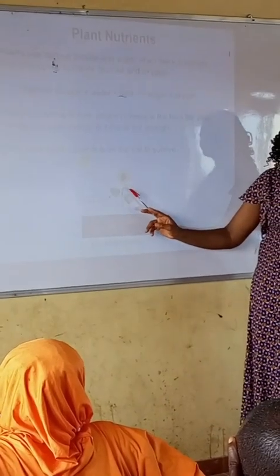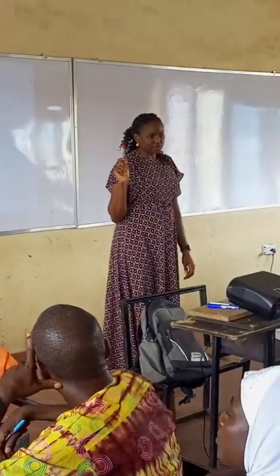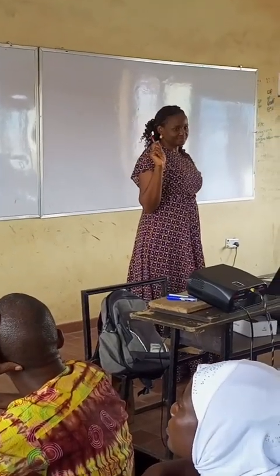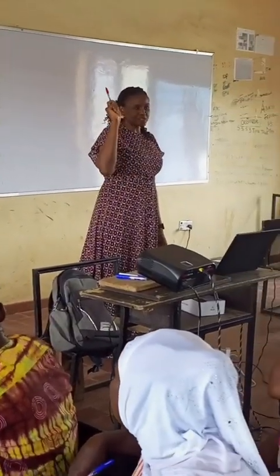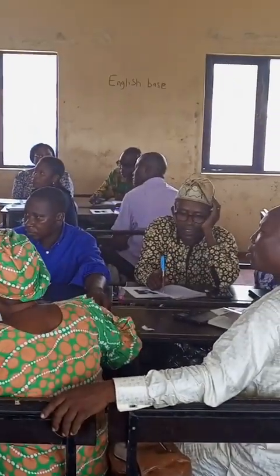If you remember in our earlier lesson, we mentioned a word called xylem. Can we remember? Who can tell us what xylem represents? In uptake, who can tell us what xylem represents?